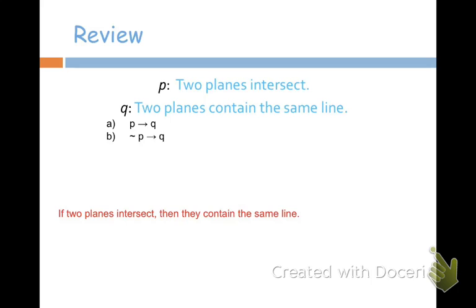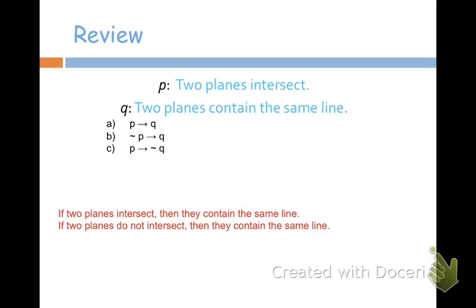The notation here for part B is the negation of P implies Q, or not P implies Q. And if you had to write that statement out using words, it should look like if two planes do not intersect, then they contain the same line.